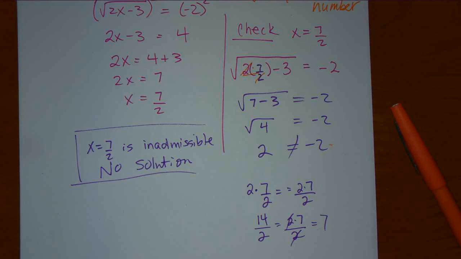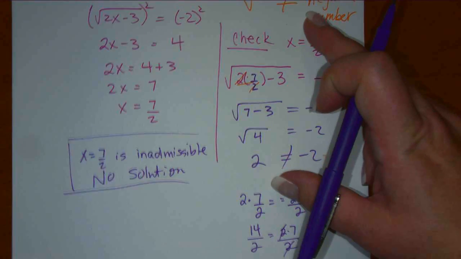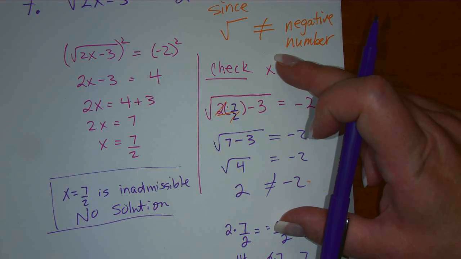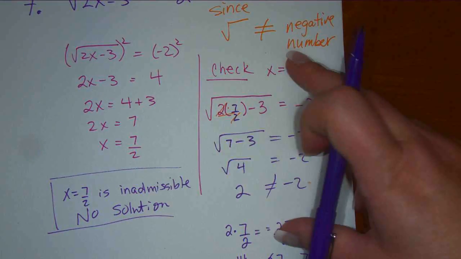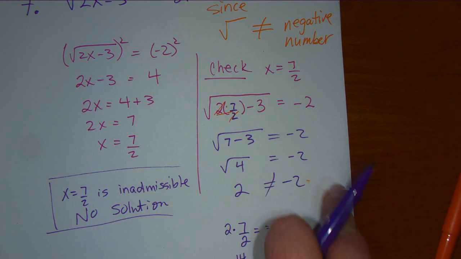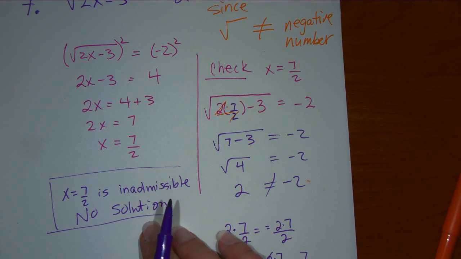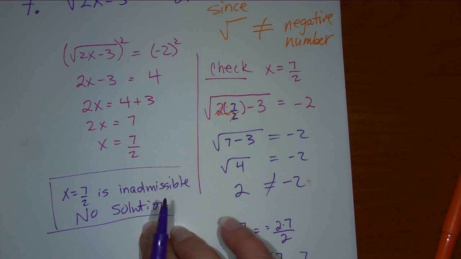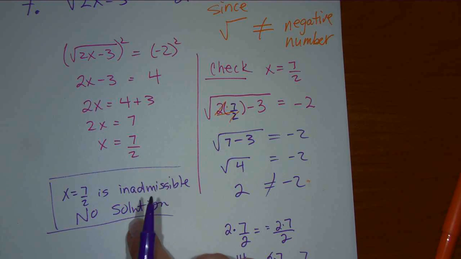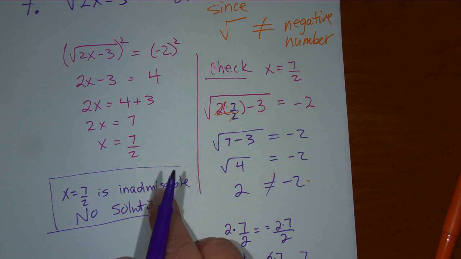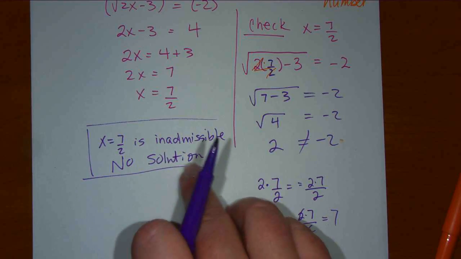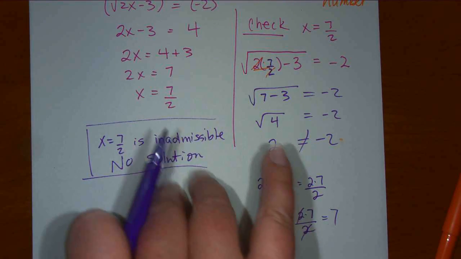The inadmissible part? Or the check? The check, you have to show, always, when there's a radical. How you write your solution, if you check and it doesn't work and you write no solution, that's okay. But what's going to happen later, and I said this last class, why I'm writing inadmissible is because in the next section when we go back to these, you're going to end up with 2 or 3 answers.